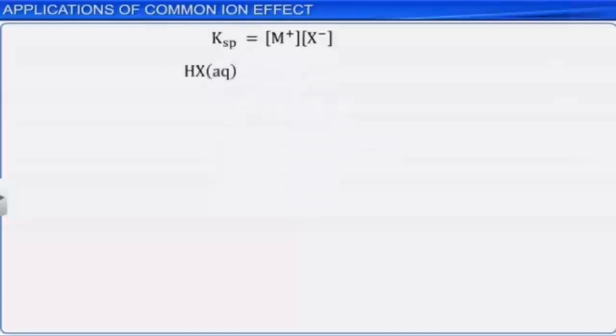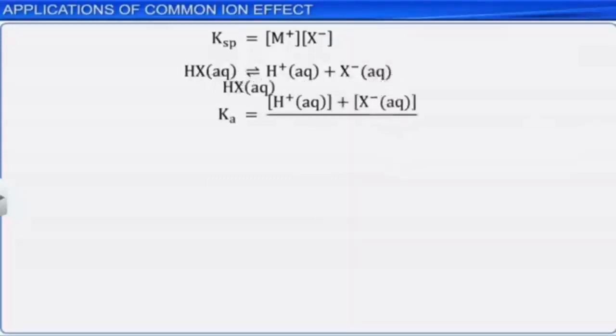HX ionizes to give H⁺ ions and X⁻ ions. Then Ka is equal to the product of molar concentrations of H⁺ and X⁻ divided by the HX concentration. On rearranging the equation, we get [X⁻]/[HX] equal to Ka divided by [H⁺].